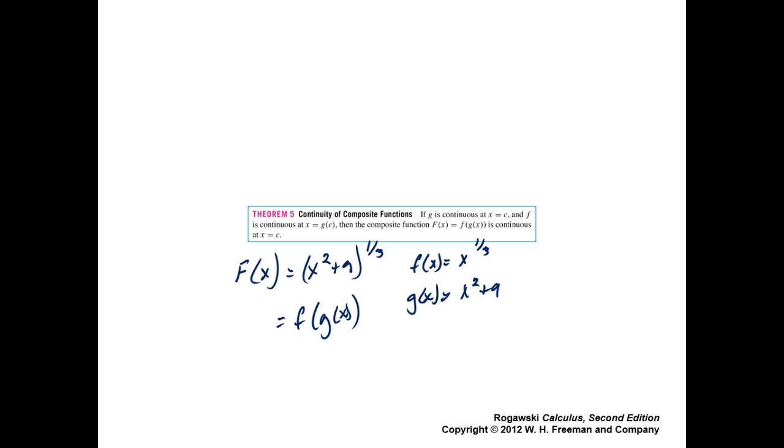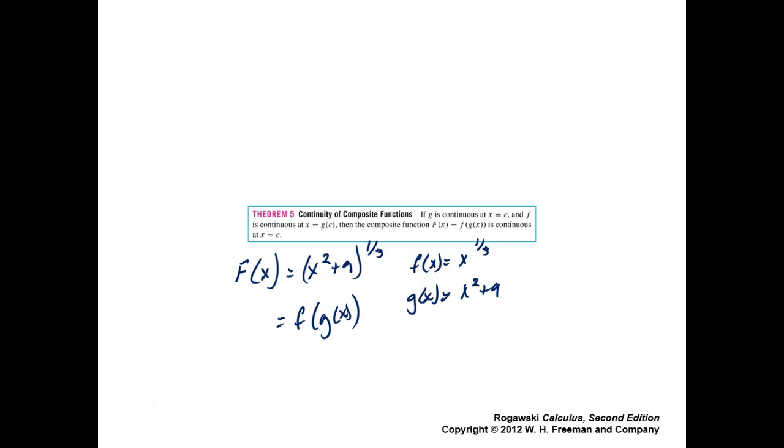Now, that's a composite function. Where is that function continuous? At x equals c. All right, good. And what can c be then? Any integer? Okay. You first start with your g. Where is this defined?